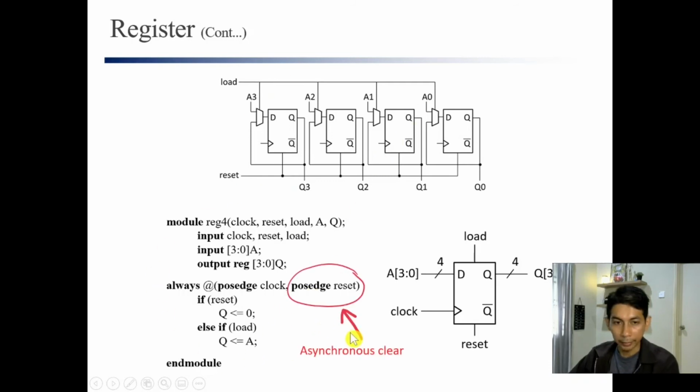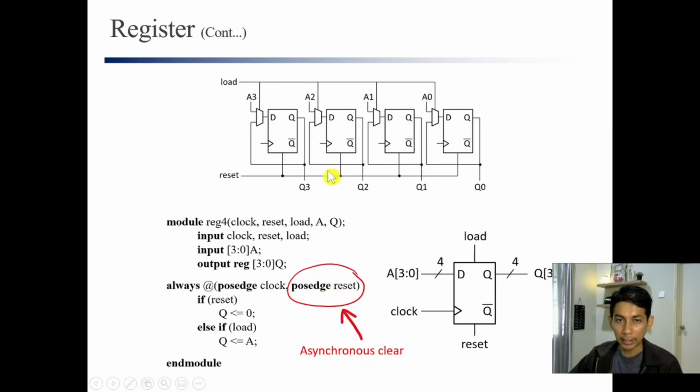And remember that this reset is asynchronous reset. What is asynchronous reset? Asynchronous reset is that this reset signal is actually not edge triggered, but in Verilog you are required to write this. If you don't write this, it will give you error. But this reset is actually asynchronous.